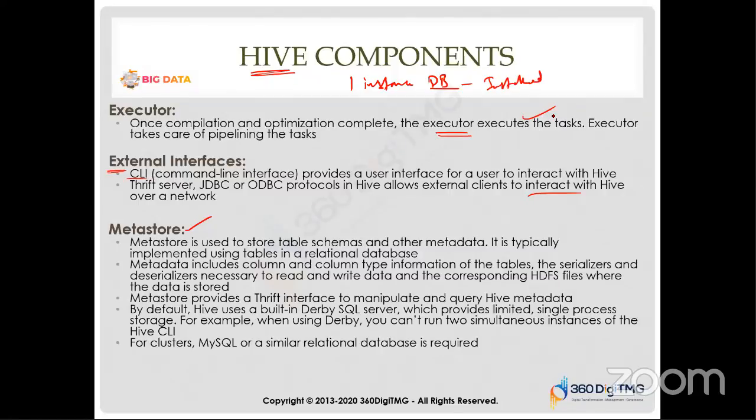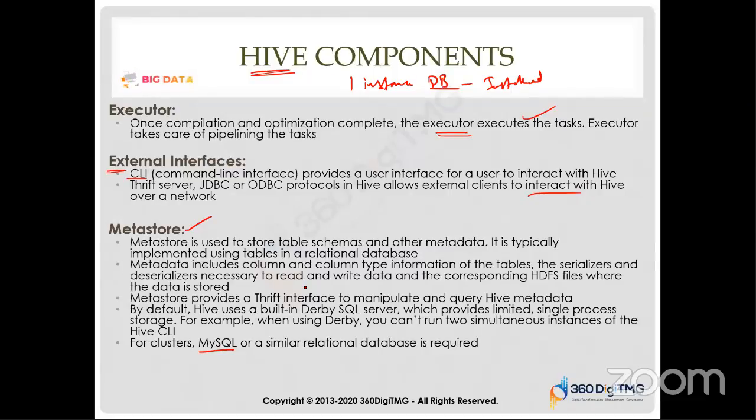This is the default. For development, for practicing and for testing, you can use it, but we never use a single instance database in production. We have to use a multiple-instance, production database like MySQL or Oracle database, or you can say SQL Server, right?